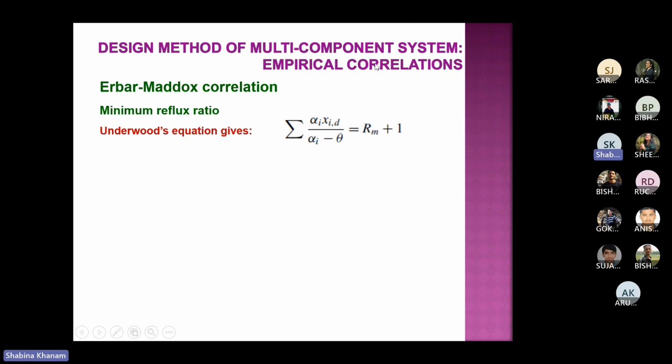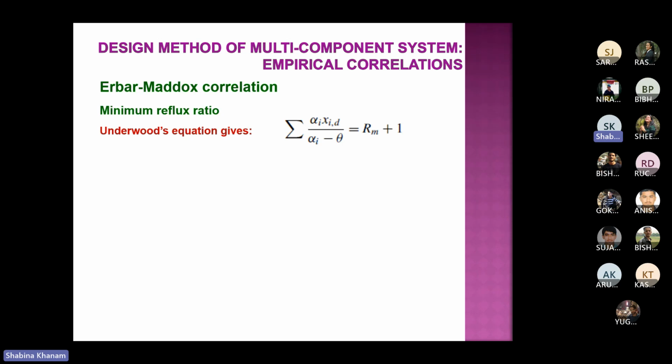Rm is the minimum reflux ratio, but how can you identify it unless you consider this? Alpha i means the relative volatility of the ith component, and xid is the composition of the ith component in the distillate. If any problem is given to you, you are already aware of the composition of distillate as well as bottom. So xid and alpha i, everything you can calculate or find in the table.